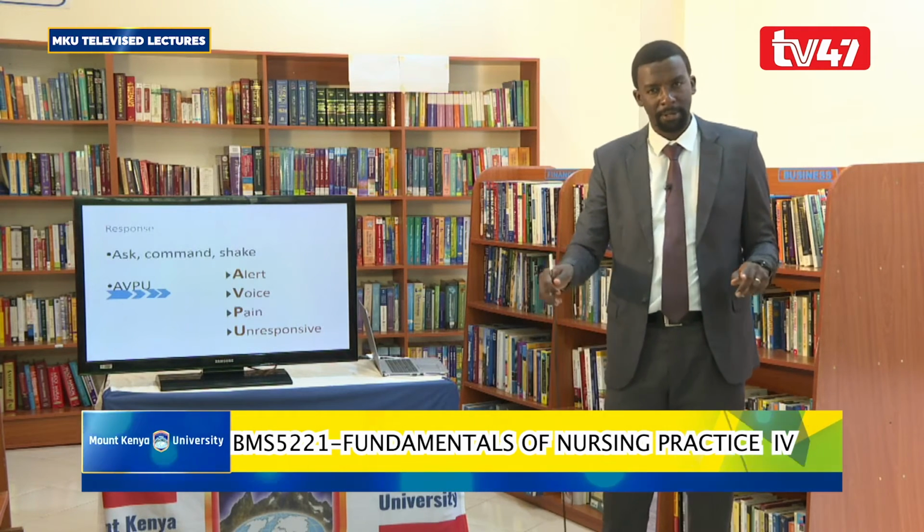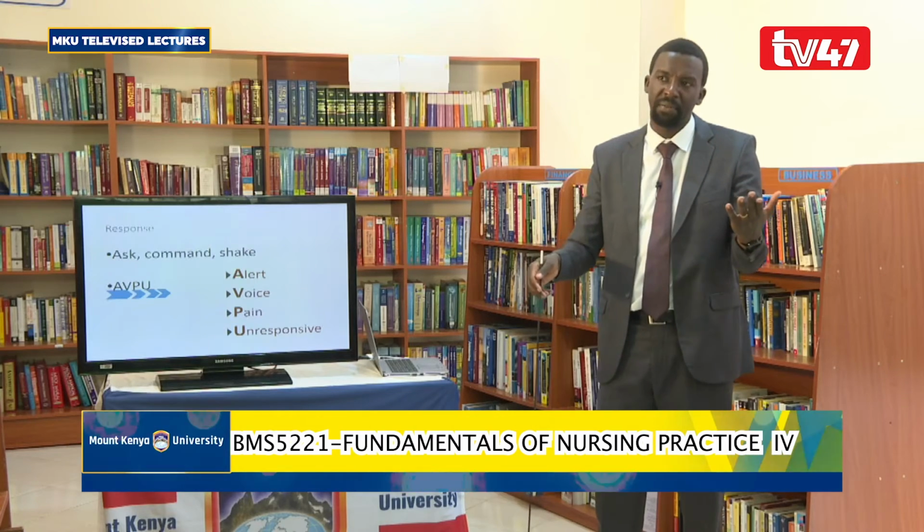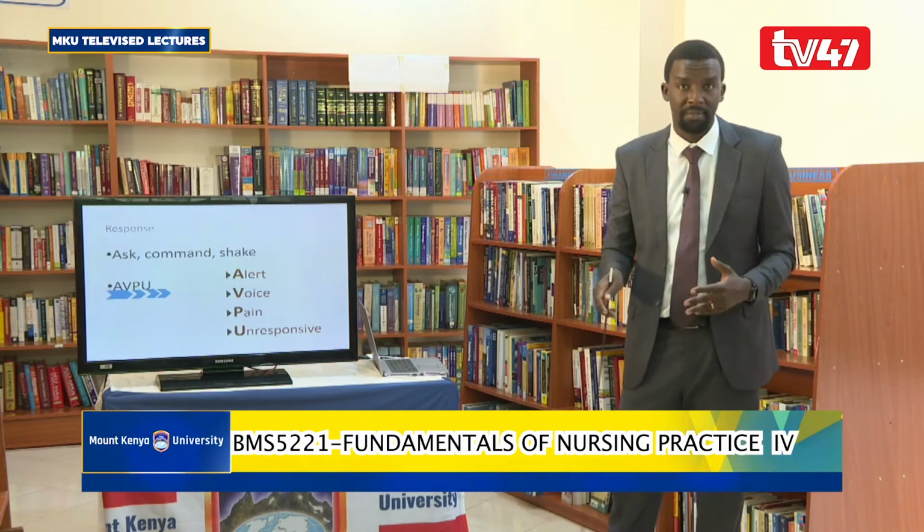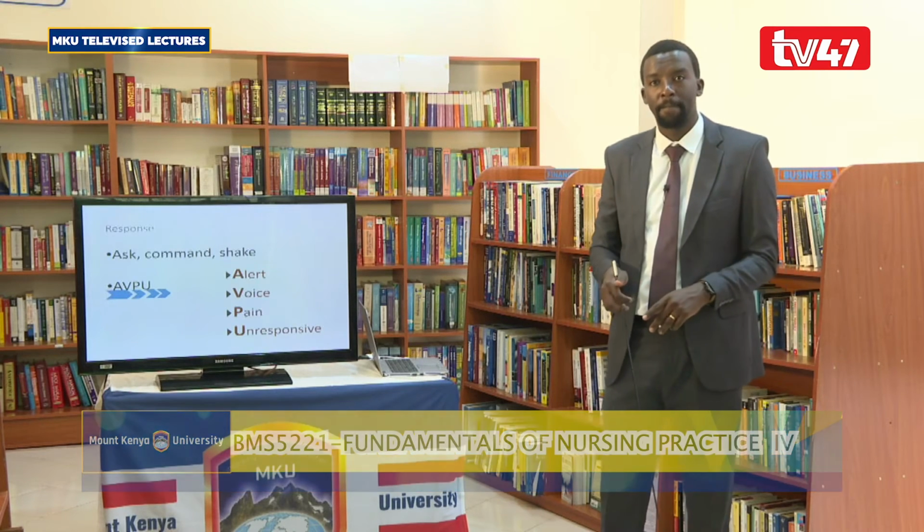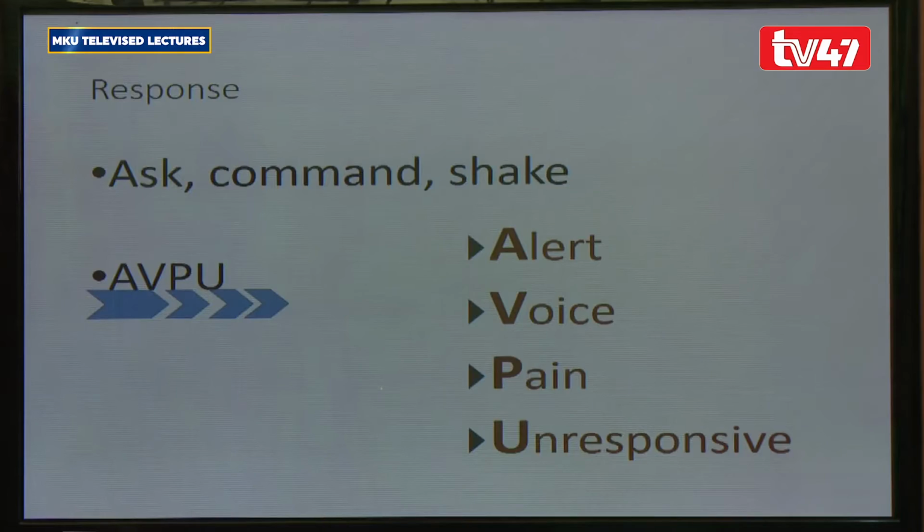You can just apply gentle pressure on specific parts of their tissue. Or are they genuinely unresponsive? And this again helps you understand the Glasgow Coma Scale. Out of 15, how best can this person respond to various stimuli? How alert are they? Reaction to light, voice commands, pain, and are they totally unresponsive?